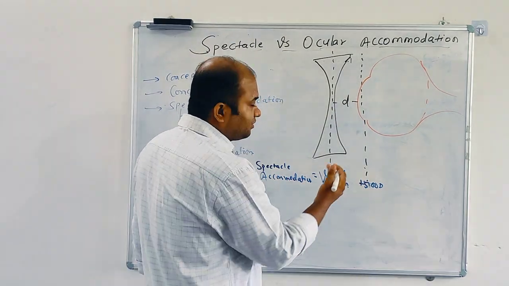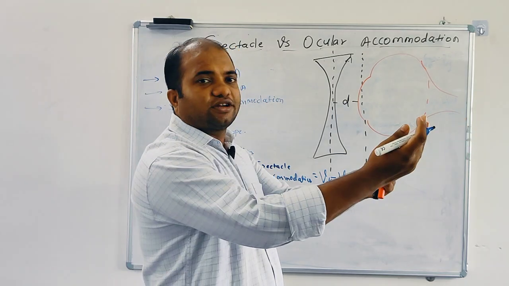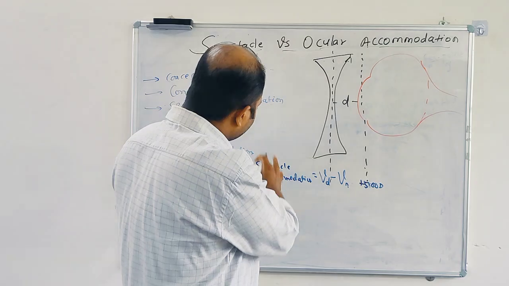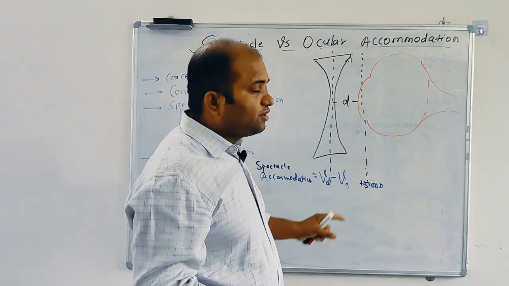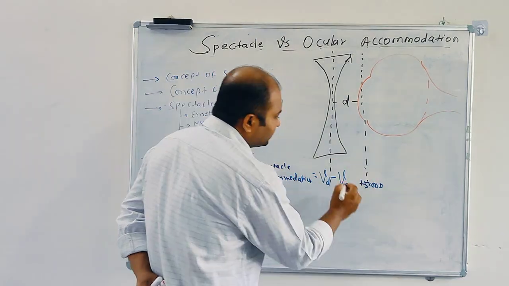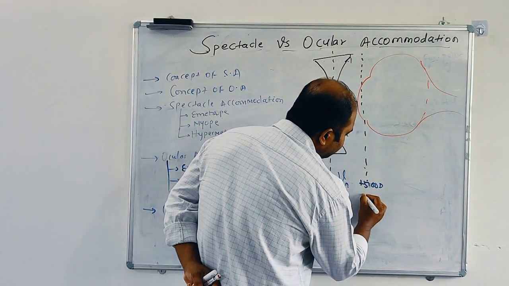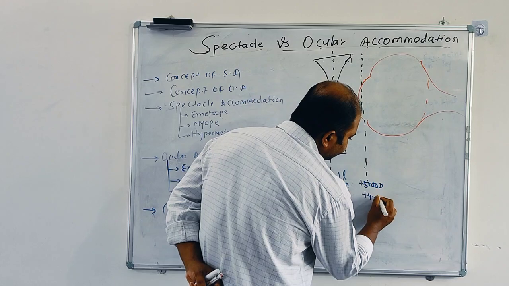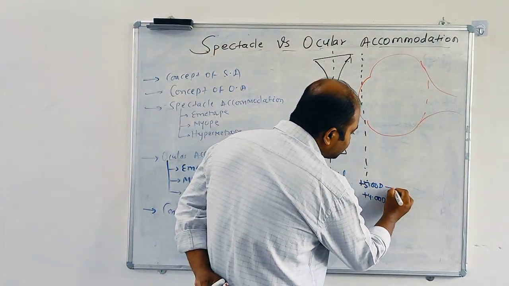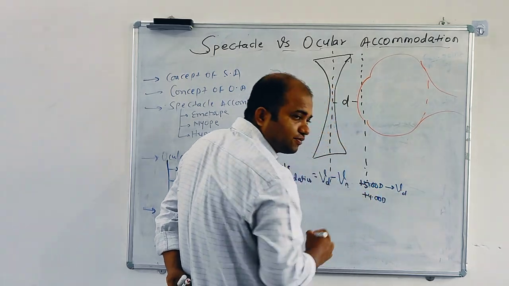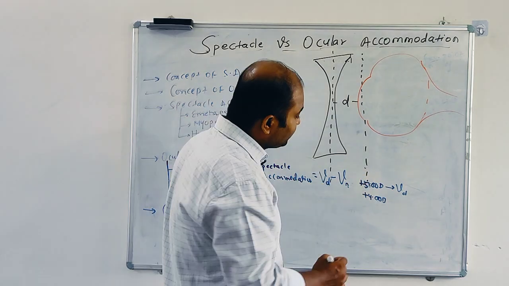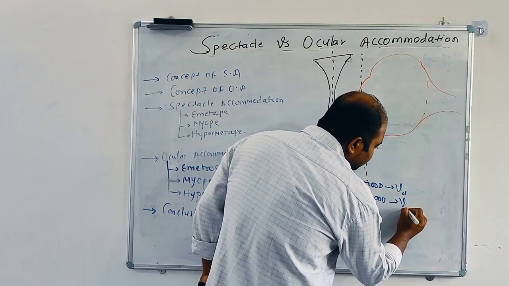But when you are seeing, just assume, at 1 meter, and when you do the calculation, later in the lectures we are going to discuss the calculation, this vergence changes to +4 diopter. Now see here, the vergence when you are seeing distance, Vd, is +5, and the vergence of light at this principal plane when you are seeing near is +4.